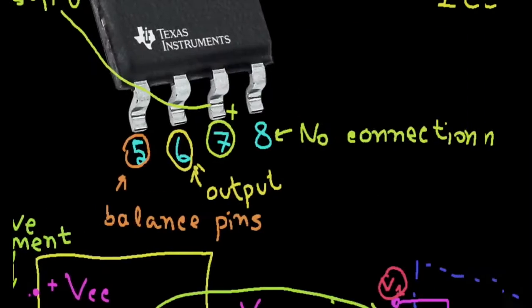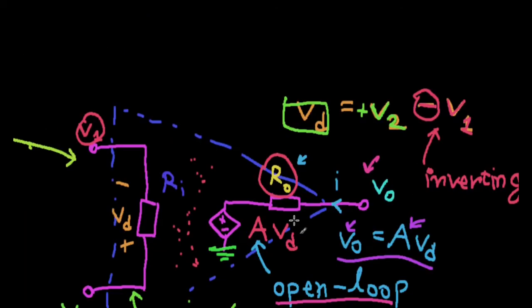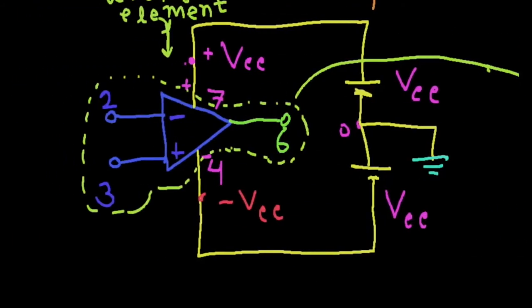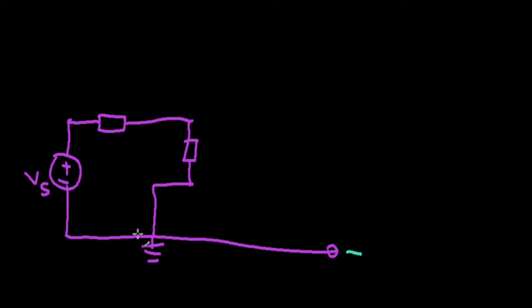Same thing for the output terminal. I'm going to replace it with this part: your output resistance connected to a VCVS, A times Vd, and then you have your earth. As they've already shown, we need to connect that all the way here.